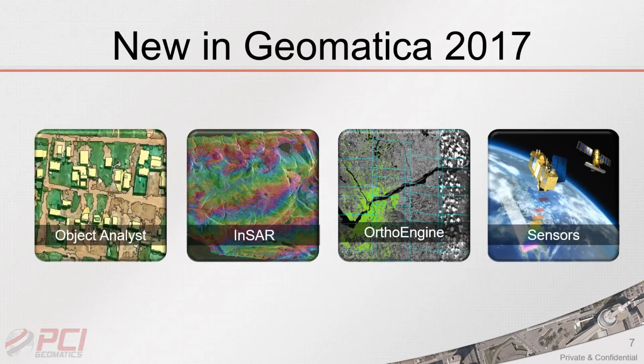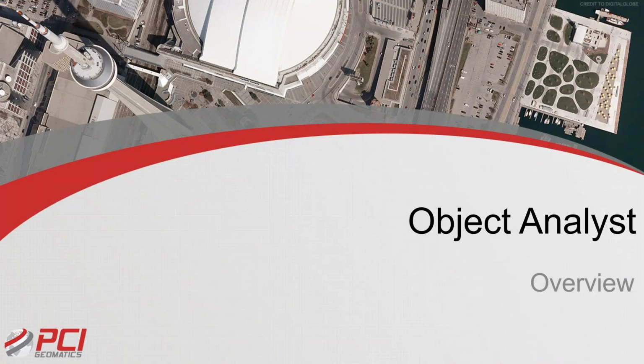In addition to Object Analyst, a newly developed InSAR module has been introduced, which permits the extraction of DEMs and measurement of ground deformation. An overview of all of these new features is available online now from our previous webinar, the first in the PCI Geomatica webinar series, on PCI TV. But now, let's get to Object Analyst.